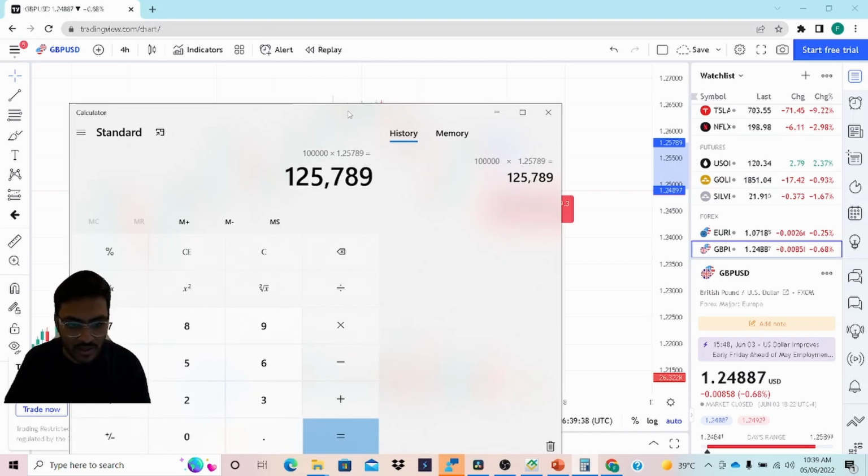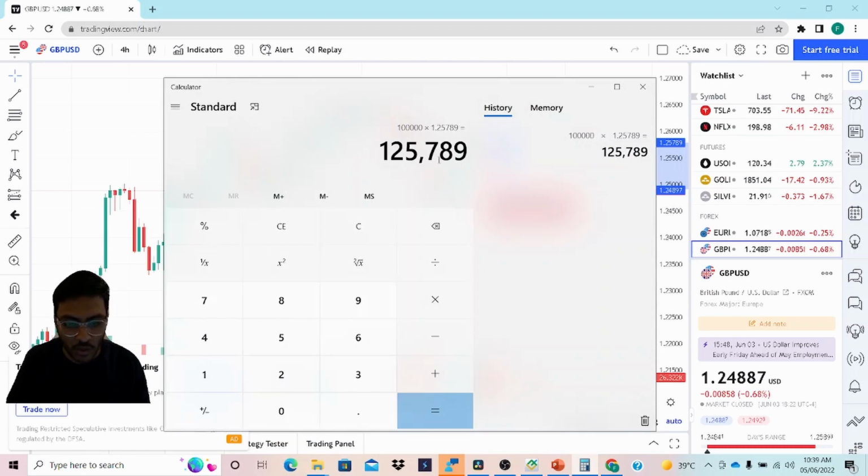This is the dollar amount that you would need to buy one lot of GBP. However, because in Forex we get leverage, let's say we get a leverage of 1 to 400, then $314 is what you needed to invest to buy one lot of GBP USD.